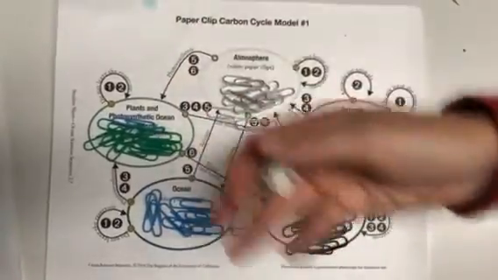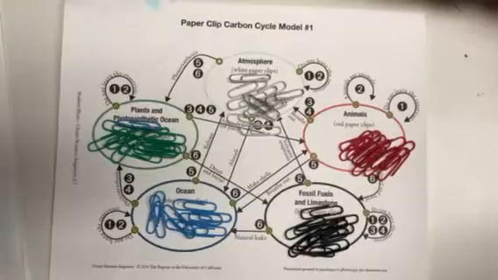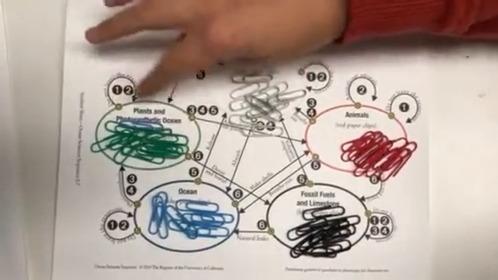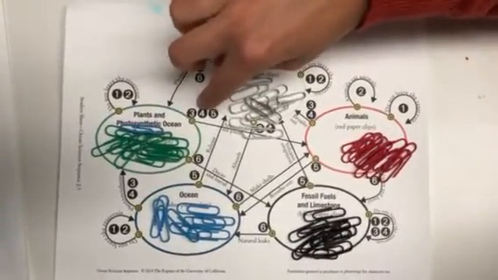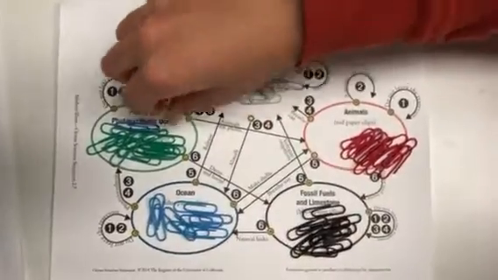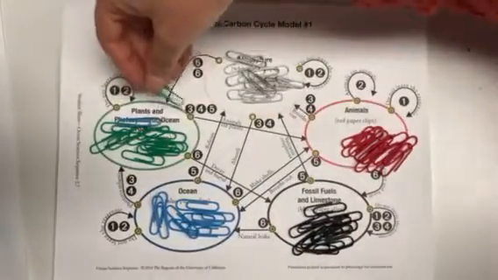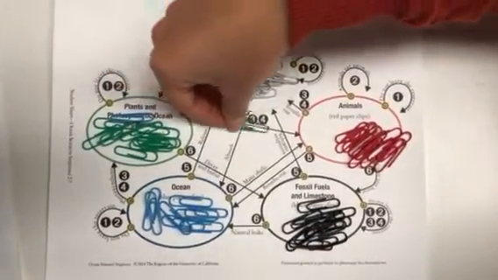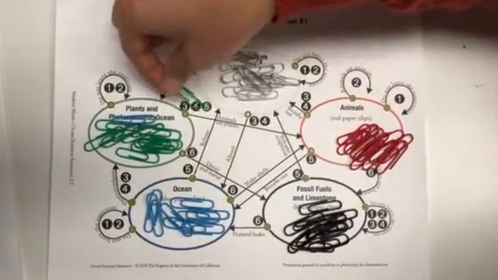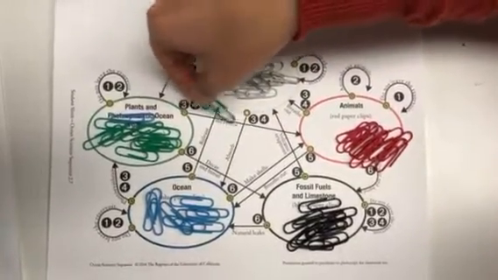Now get ready to roll again. Okay. I rolled a 4. So now I have to locate the 4 again, and it looks like it is right here. So now I take one of my atoms, and I'm going to transfer it all the way over here because I'm moving along the arrow that says animals eat plants.